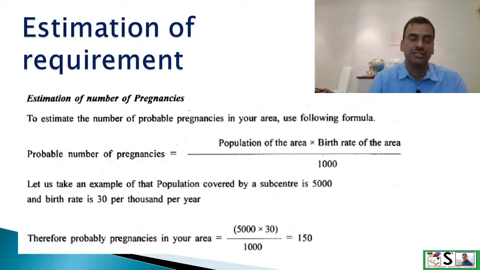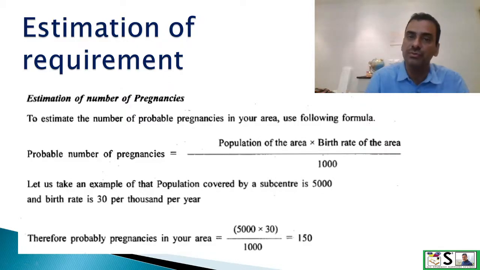Then there is how we estimate the requirements. To estimate the number of pregnancies, we use this formula: population of the area multiplied by birth rate and divided by 1000.